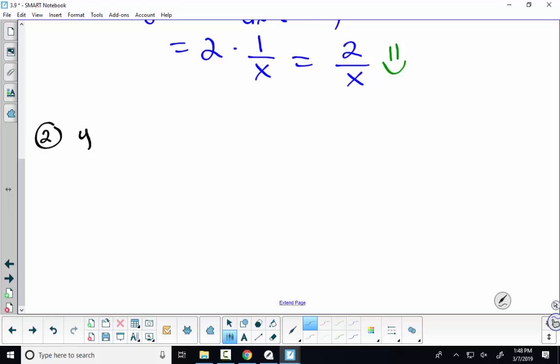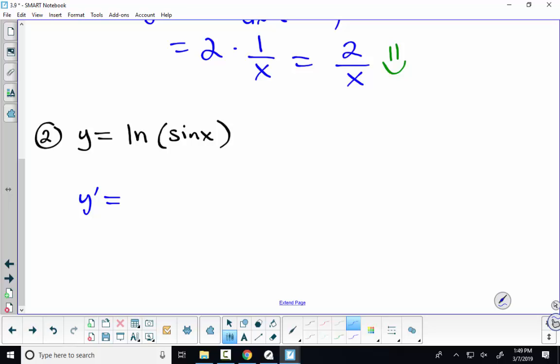How about y equals the natural log of sine x? What would the derivative be? Cosine over sine?